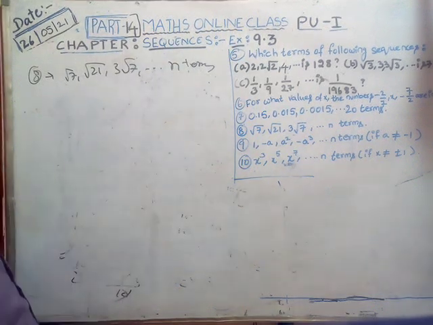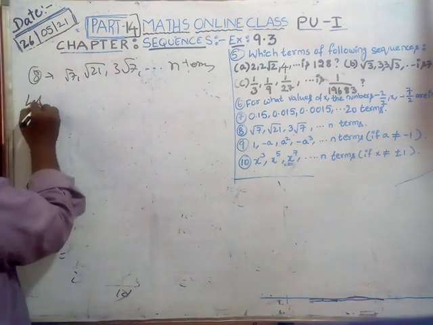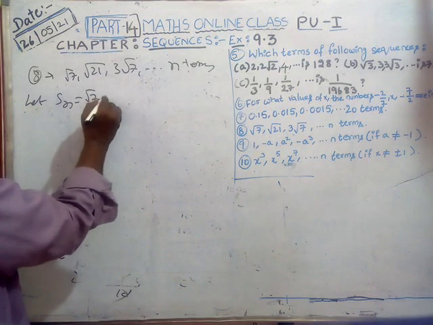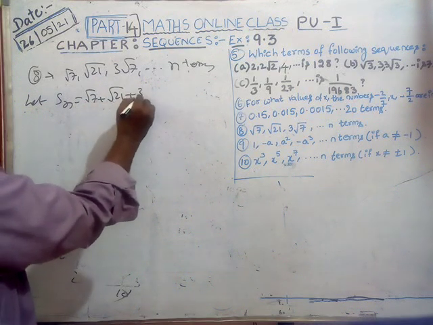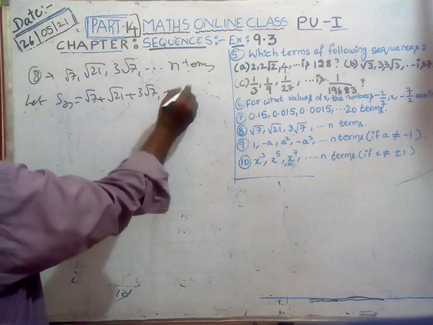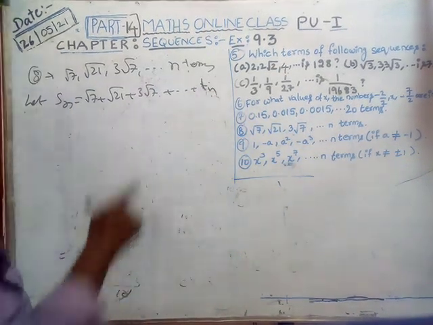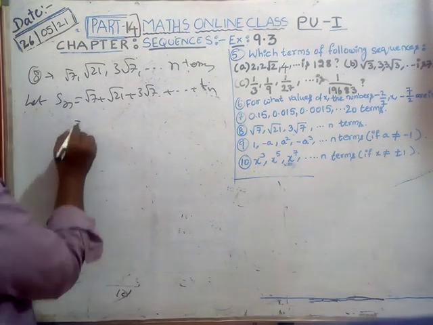Here we have to find Sn. Let Sn be equal to root 7 plus root 21 plus 3 root 7 plus and so on. No need to write the nth term.